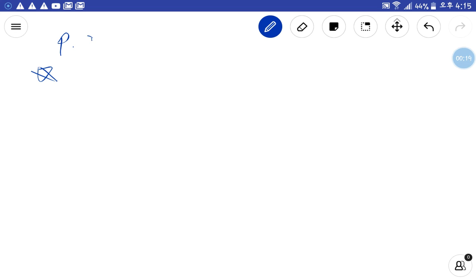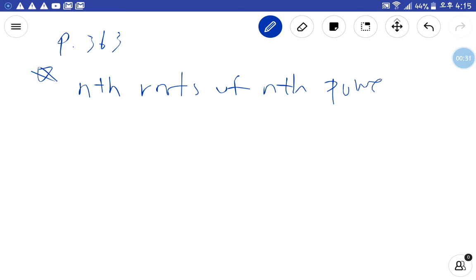Okay, page 363, all the way at the top, the property: nth root of nth power. For any real number a, the nth root of a to the nth power can be simplified into two different things.